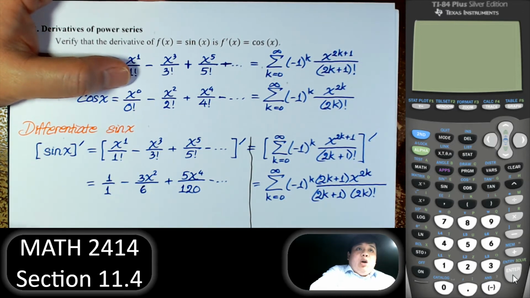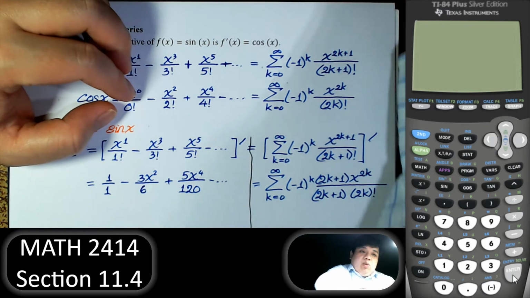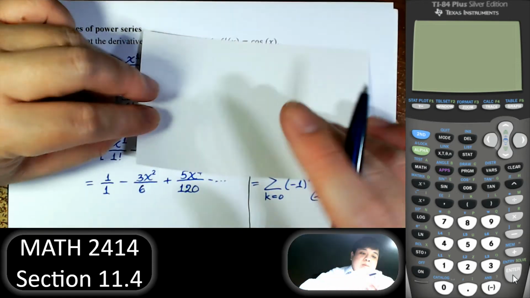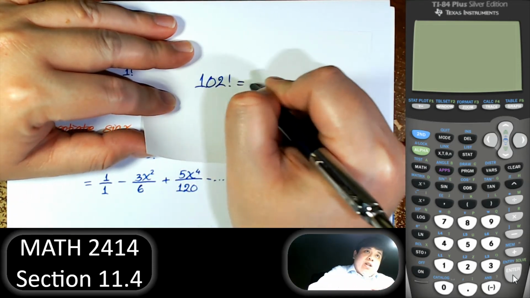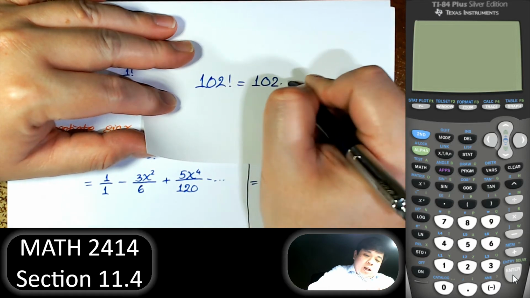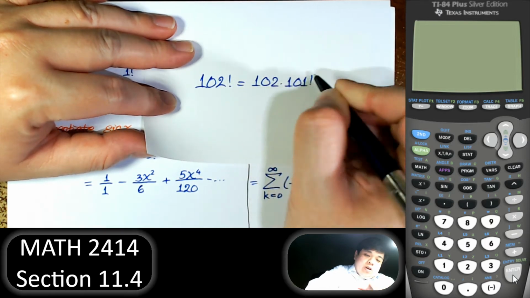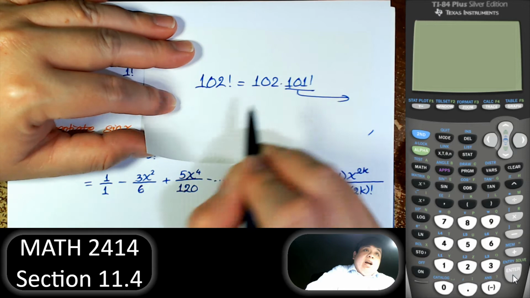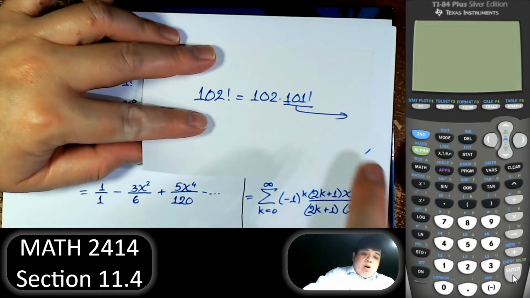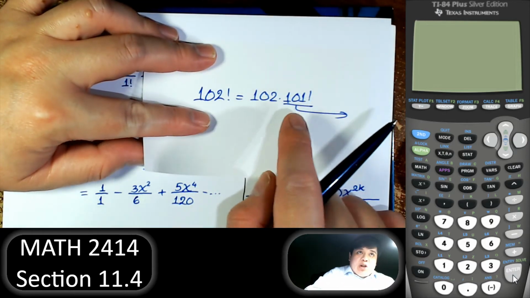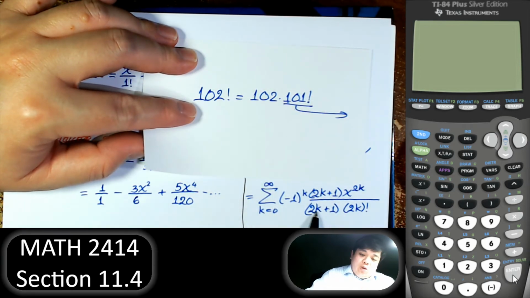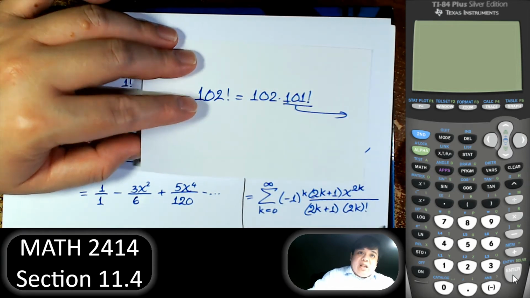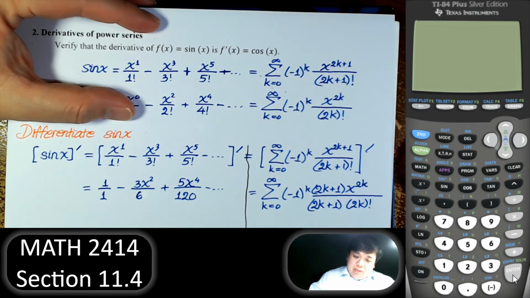Right? Remember factorial, just like when we try some random number, like 102 factorial is equal to 102 times 101 factorial. I can just keep going 101, 100, and so on, all of which will be the factorial of 101. So we can just write 2k plus 1, and then 1 less than that, and then 1 less than that in general.